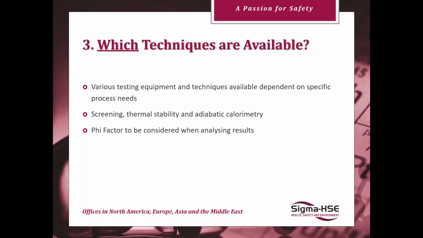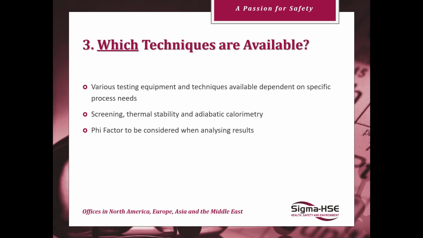So coming on to section 3, which is all about the kind of testing that we can provide to cover chemical reaction hazards and what we can provide for you. There's various testing equipment and techniques available dependent on the specific process needs.